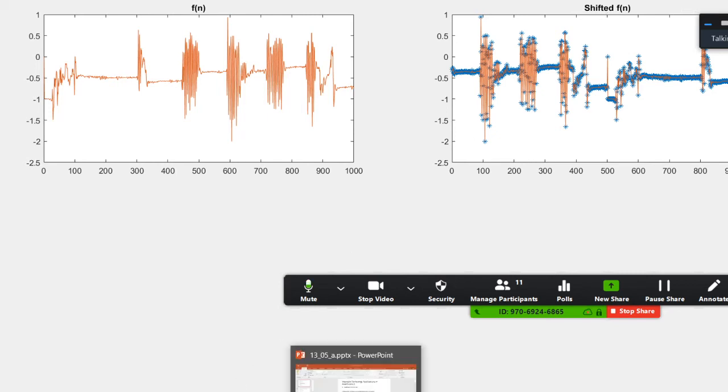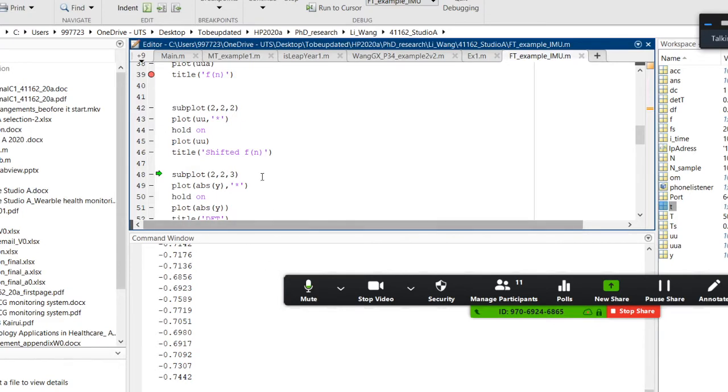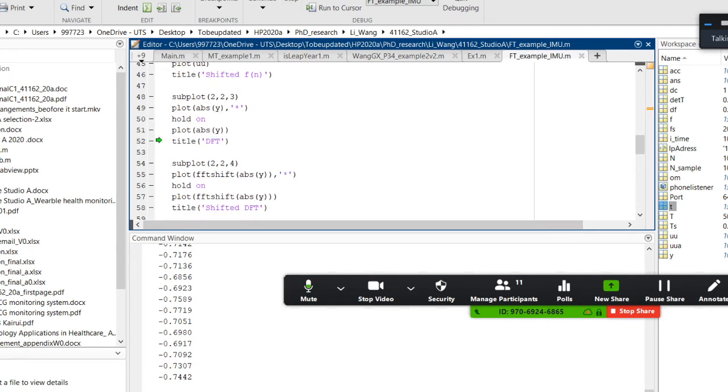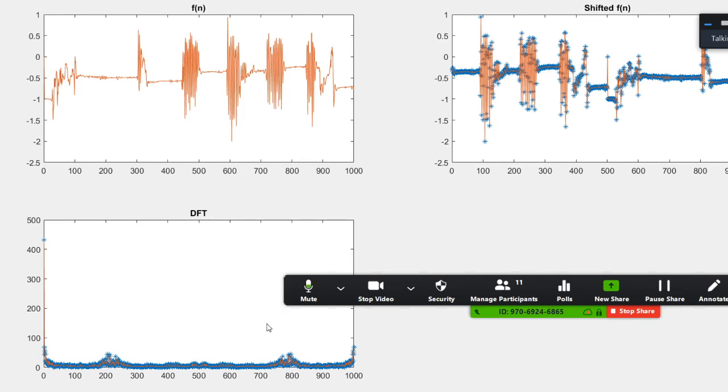And then we do FFT. We draw the FFT. Actually, we already calculated the FFT, we only need to draw it. So this is the third figure. We draw the third figure, so you can see, I continue, I draw, this is the FFT value, or you call it DFT, discrete Fourier transform.